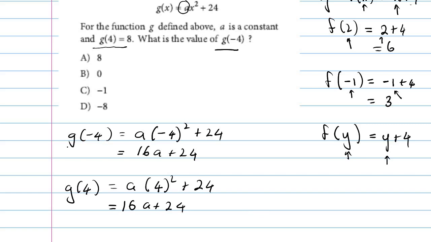So g of negative 4 is the same thing as 16a plus 24, which is the same thing as g of 4. These two are equal, 16a plus 24. So what is g of 4? They have already said this. It is 8, so your answer should be 8.